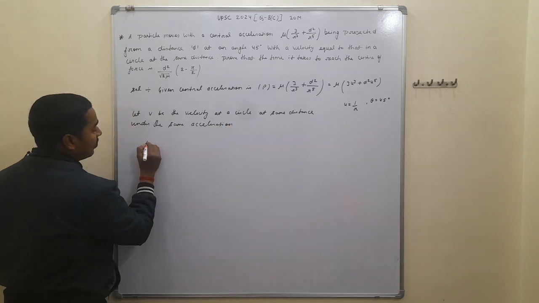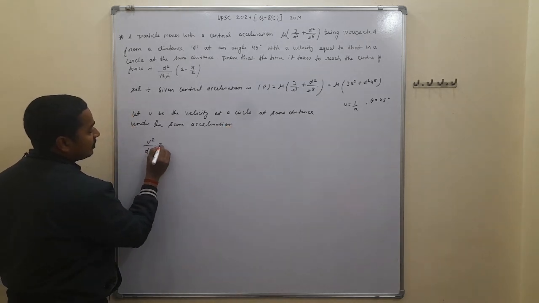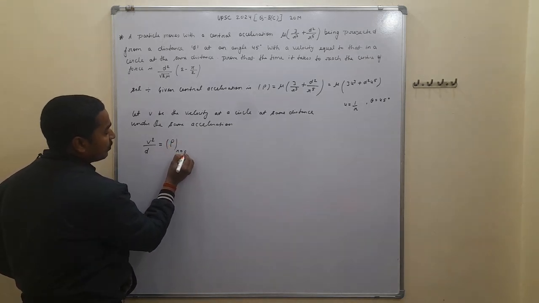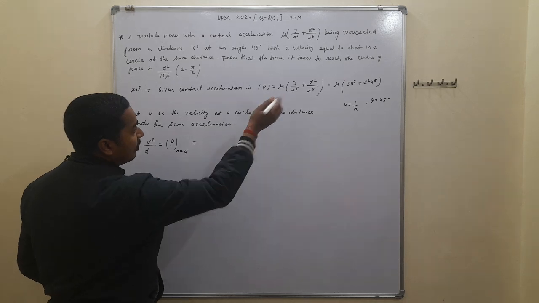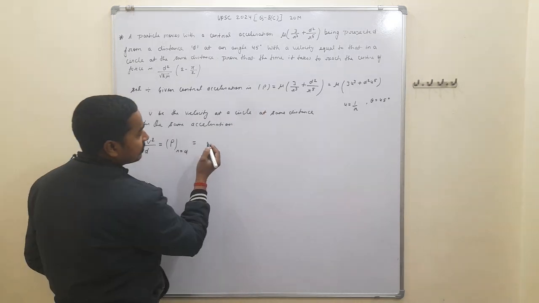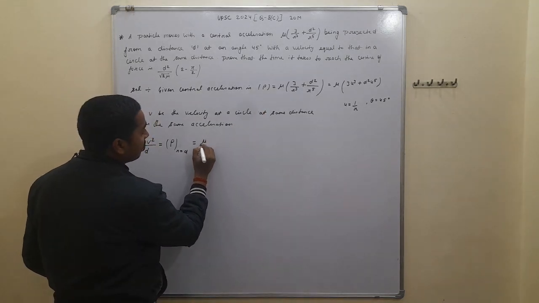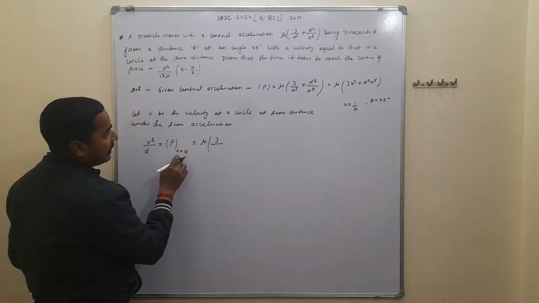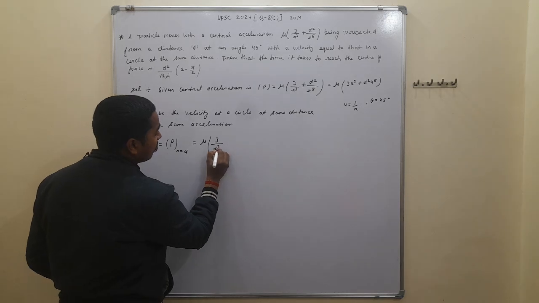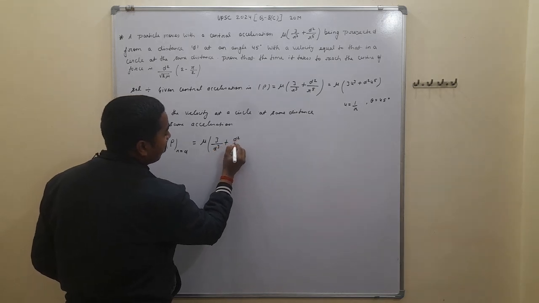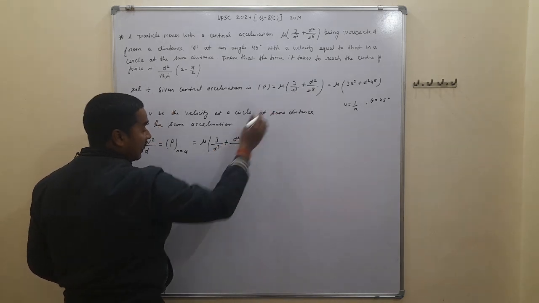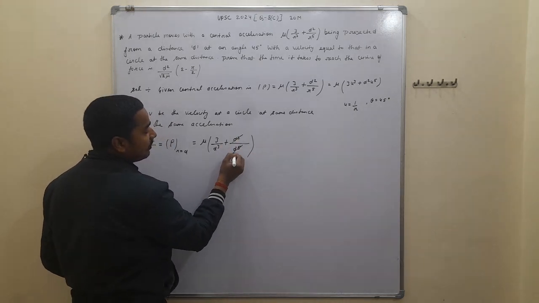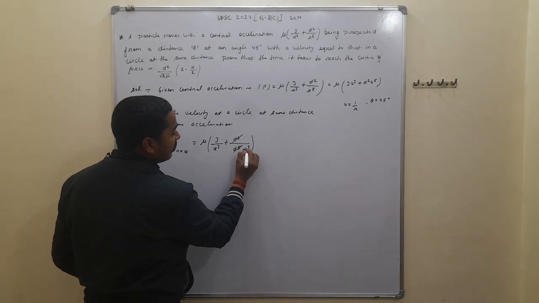It is given by v square upon d is equal to P, and here r is equal to d. So we have to put the value of P, that is mu times of 3 upon, in place of r we put d, that is d cube, plus d square upon, in place of r we put d, that is d^5. From here d square to d^5 is cancelled out, remaining is d cube.